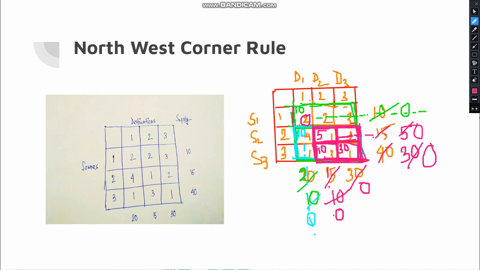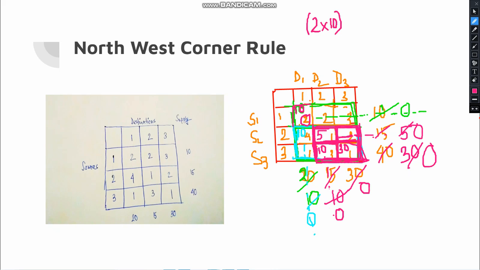Now see this 2. What is this 2? This is the cost of transportation of a single unit of material from supply point 1, the source point 1, to destination point 1. Now how much are you going to transport here? You are going to transport 10 units. So the total cost, 2 into 10.